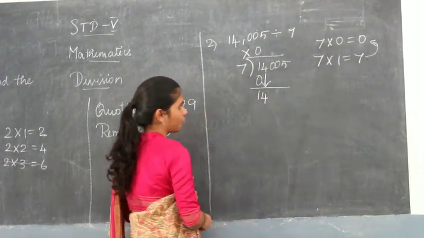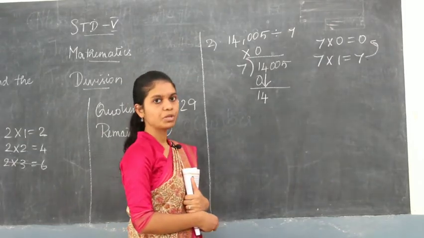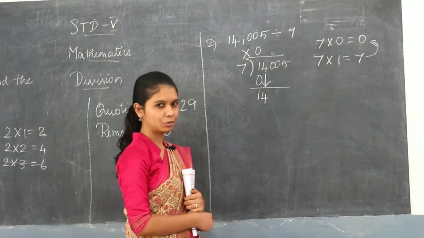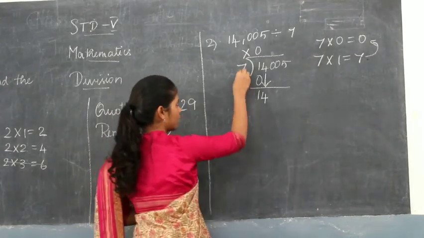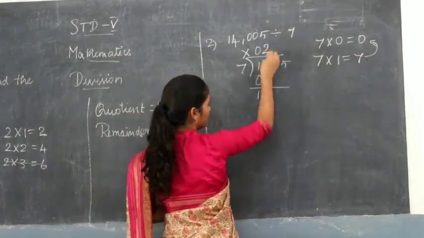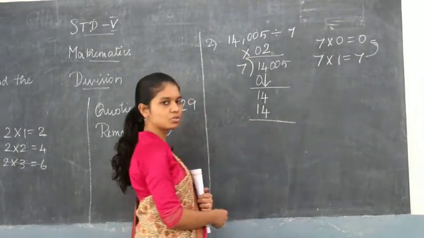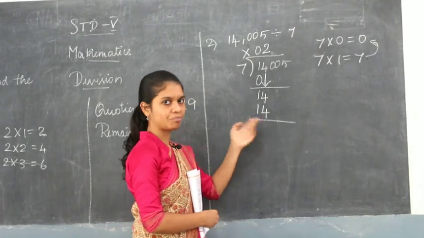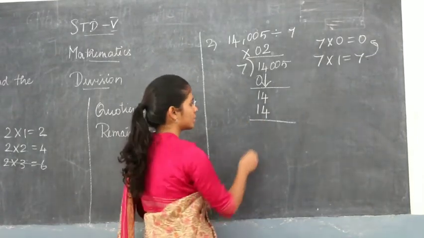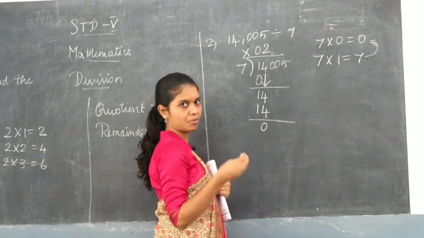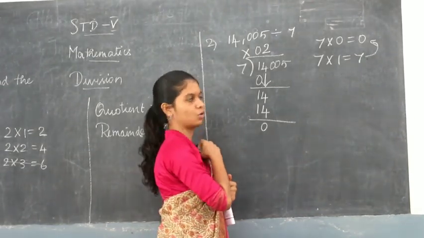Now you should start telling the 7 table. 7 ones are 7, 7 twos are 14. So 7 multiplied with 2 gives you 14. You should subtract them. 14 minus 14 is 0. If you subtract the same number from the same number, you will get 0.